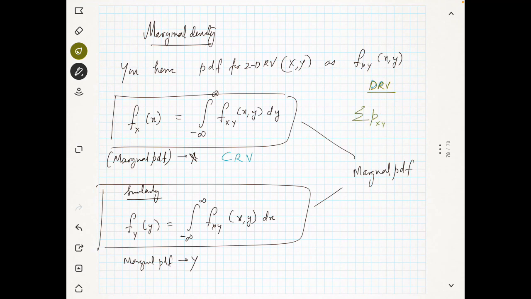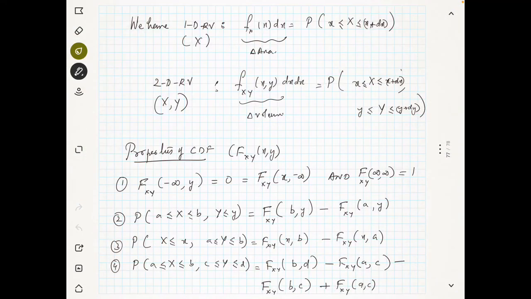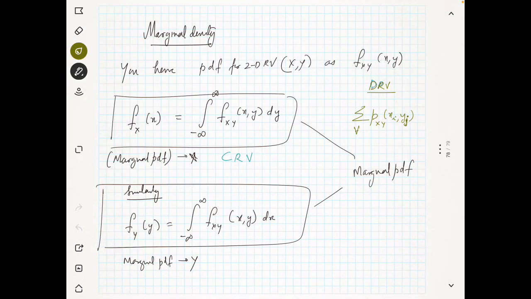If you have p_XY of x_i, y_j, then we add for all values of j.